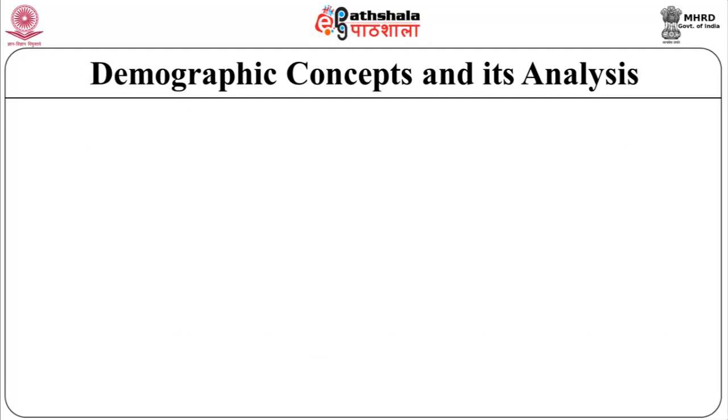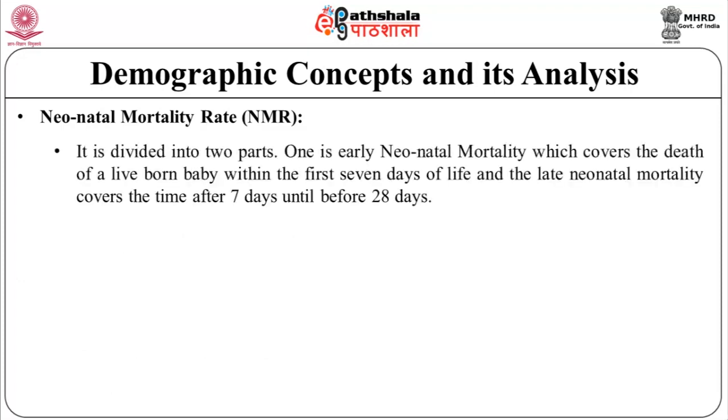Now, neonatal mortality rate is divided into two parts. One is the early neonatal mortality, which covers the death of a live-born baby within the first 7 days of life, and the late neonatal mortality covers the time after 7 days until before 28 days.